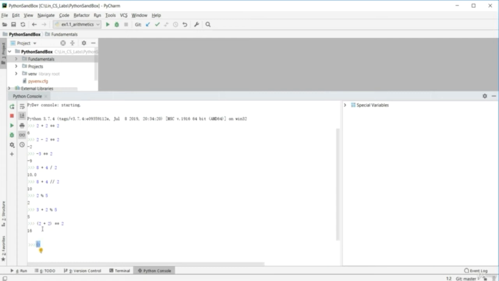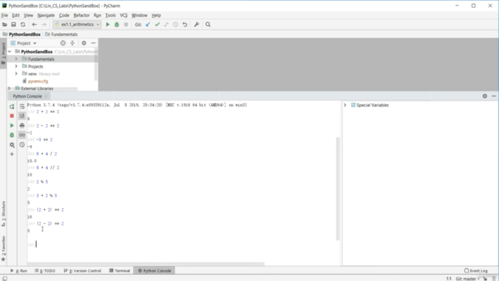The same thing for the second example. If we do 2 minus 2 and then raise to the power of 2. Now this is an interesting case. 2 minus 2 is 0. 0 to the power of 2 should be what? Well, should be 0. Next example, minus 3 raised to the power of 2.